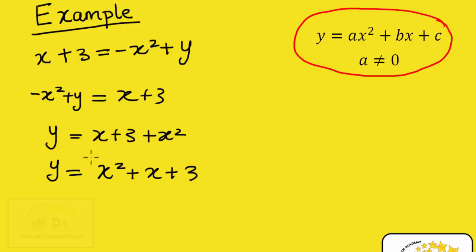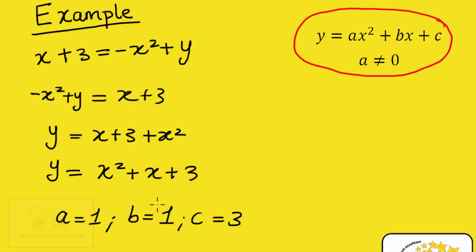Now, is this a quadratic equation? Well, let's see. What's the value of a? A is 1 if you compare the coefficients of x squared. B is determined to be 1 if you compare the coefficients of x, and c can be easily determined to be 3 just by comparing the constant term. As you can see, a is 1, so a is not 0, and the equation can be rewritten in a form that looks like the general form.